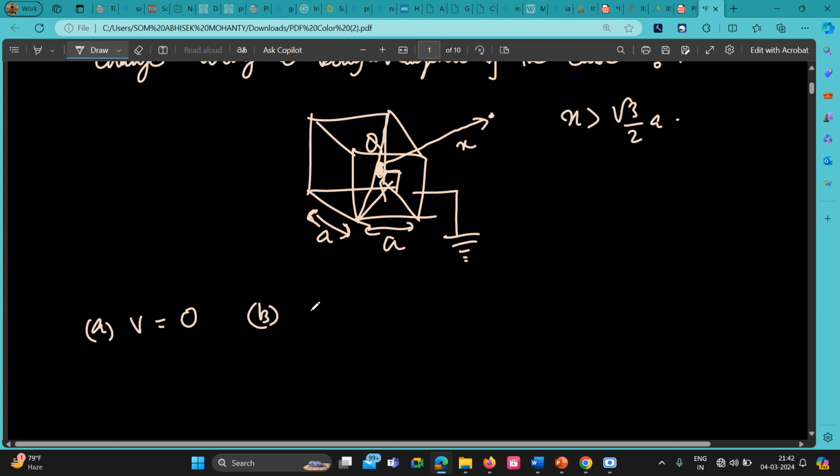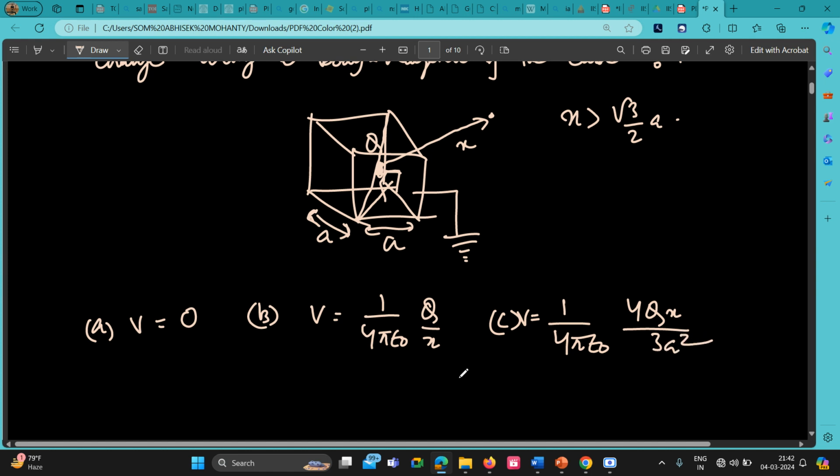Option B, V is equal to 1 by 4 pi epsilon naught Q by x. Option C, V is equal to 1 by 4 pi epsilon naught 4 q x by 3 a square. Option D, V is equal to 1 by 4 pi epsilon naught root 3 q a by x.